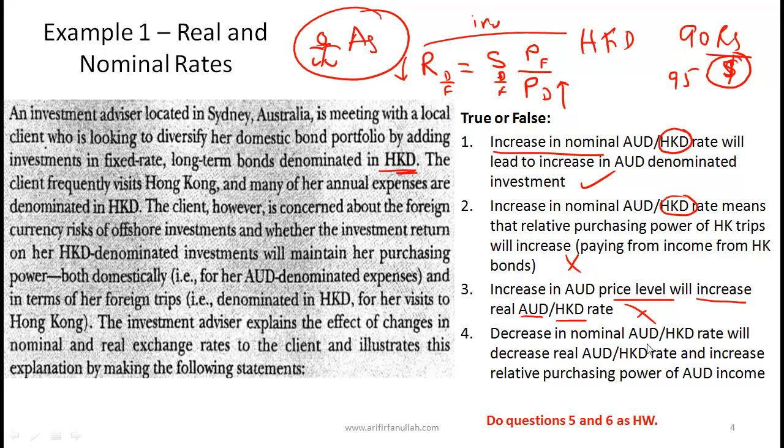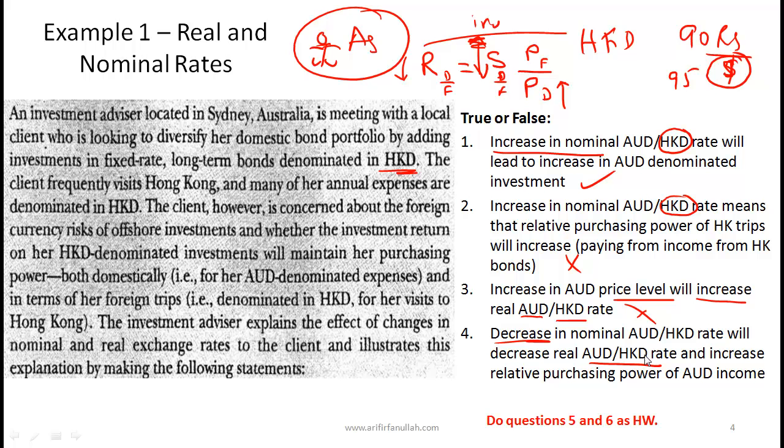Decrease in the nominal Australian dollar to Hong Kong dollar rate. That means this rate is going down. So a decrease in the nominal Australian dollar Hong Kong dollar rate will decrease the real rate.